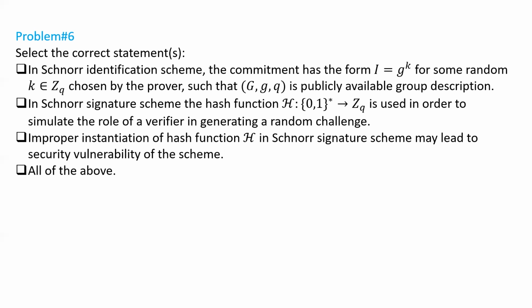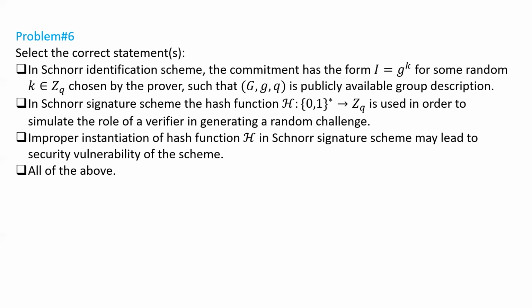So while the identification scheme is running, for the commitment the prover chooses some random element k from Zq and computes g to the power k, where g is the generator of the group, so I equals g to the power k. This value of commitment I is sent to the verifier, and then the verifier picks some random challenge R again from the Zq set, and R is sent to the prover.